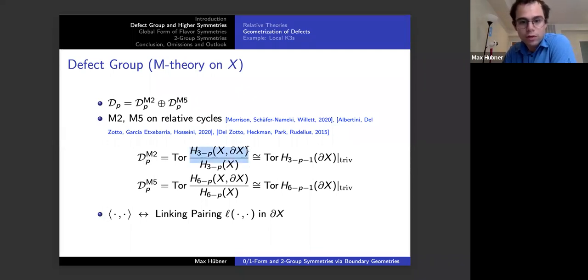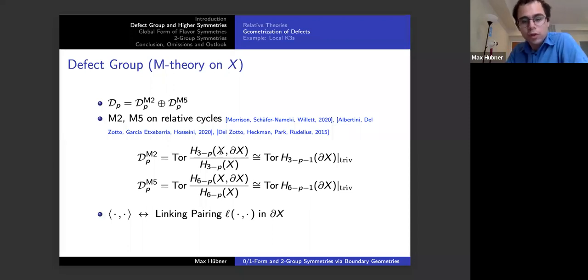So here, this numerator contains the relative homology group of the engineering space with respect to its boundary. And so this contains all compact cycles, and in addition, cycles whose boundary lie on the boundary of the engineering space. So these are cycles which stretch all the way to infinity.